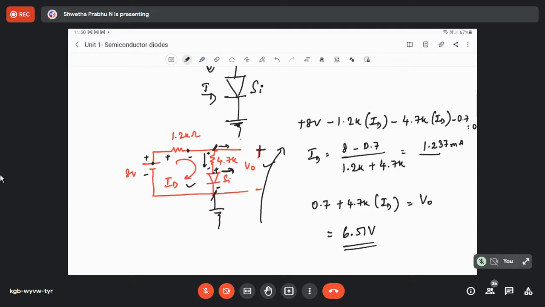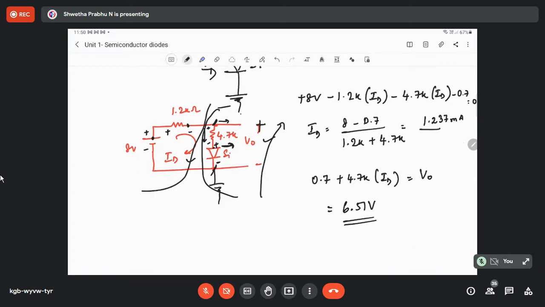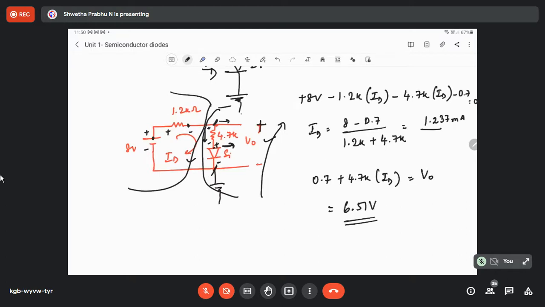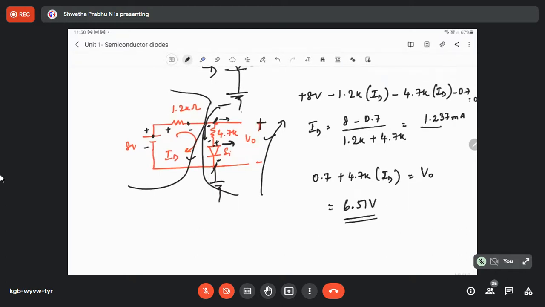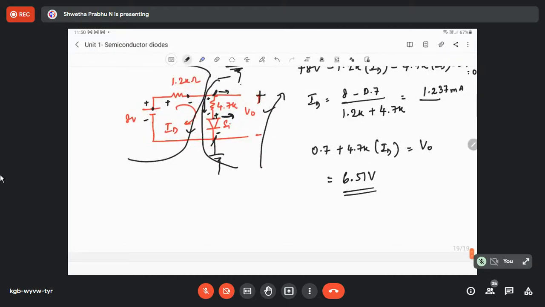I shall show you what KVL is. If you consider only this particular branch, you get this output voltage. You may also get a question like, why aren't we applying this other branch? What happens if you apply this branch? Can anyone get me the output? Here also you can apply the sum of these two branches. If you consider this branch also, you'll get the same output voltage.